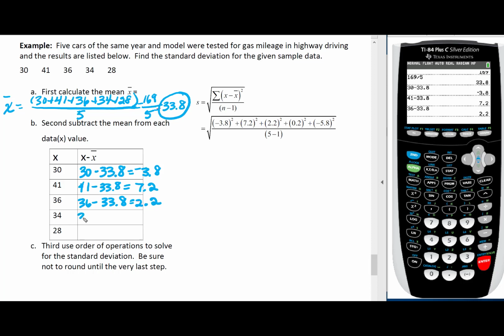Next, 34 minus 33.8, and we're going to get 0.2. And our last one, 28 minus 33.8, is negative 5.8.